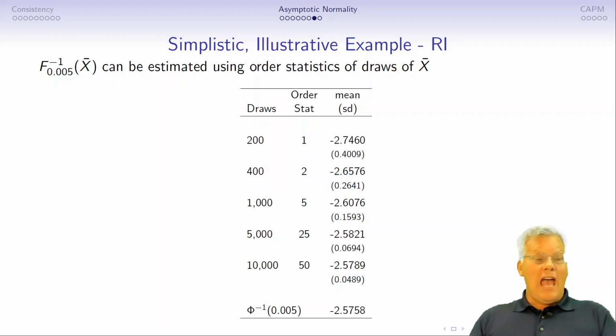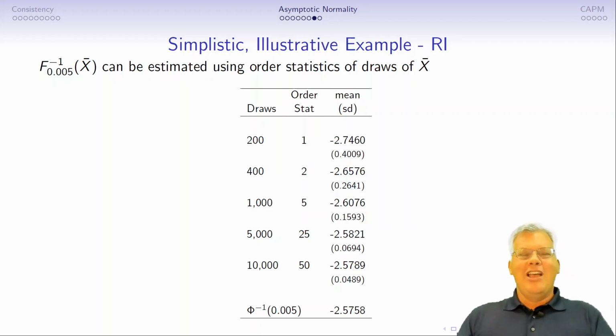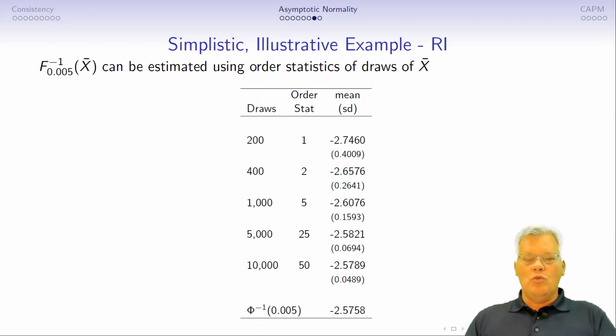That smallest one out of 200 draws, at least intuitively, you would think, ought to be really close to minus 2.5758, right? Because remember, to get a 3-star result, a result at a 1% level of significance, what we have to do is we have to put a density of 0.005 in both the left tail and the right-hand tail.